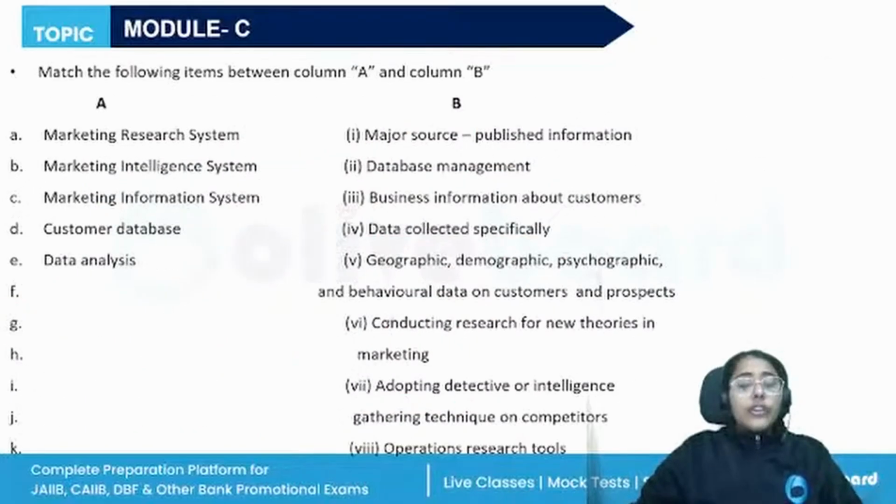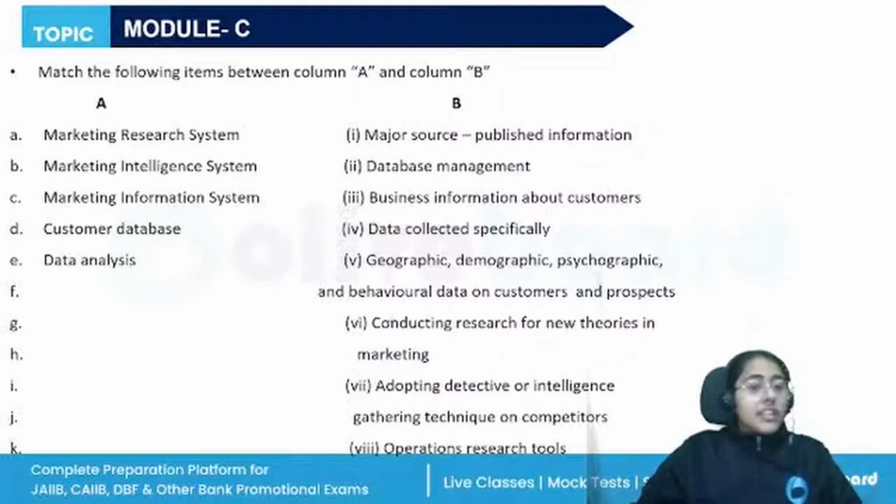Next, now you need to match the following items between column A and column B, right? So we have in column A marketing research system, marketing intelligence system, marketing information system, customer database and data analysis.